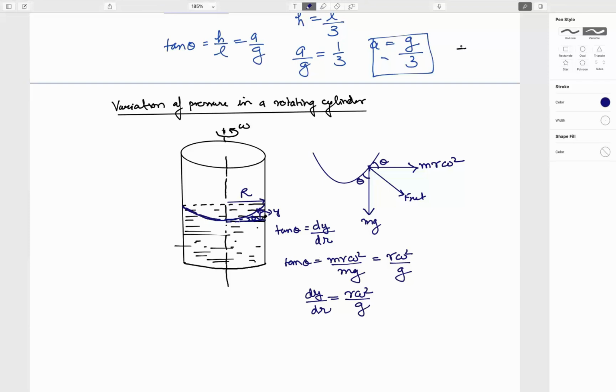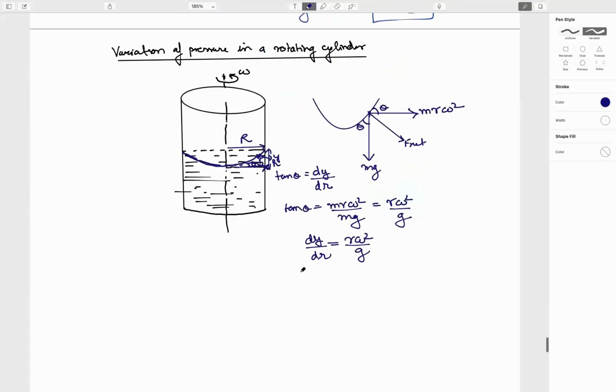If we need to find out the pressure at this point, we need to find h, with y varying from 0 to h, and r varying from 0 to r. So the integral of dy from 0 to h equals r omega square by g dr from 0 to r.